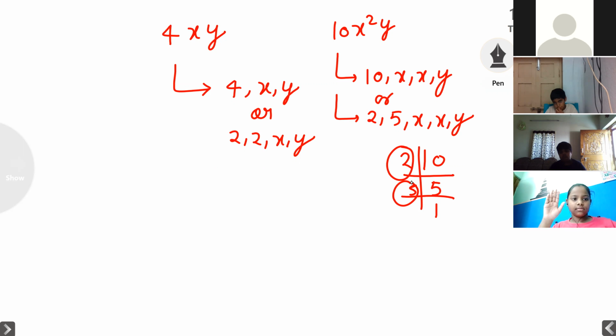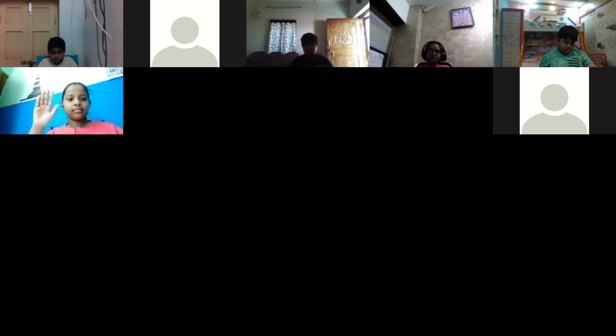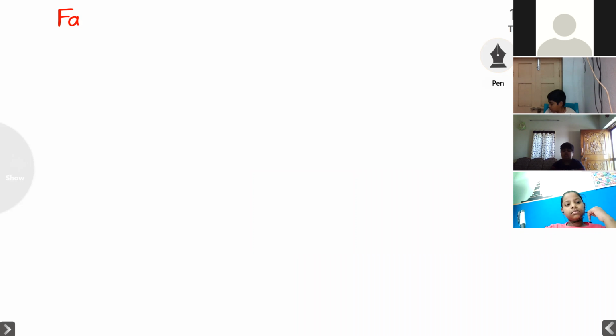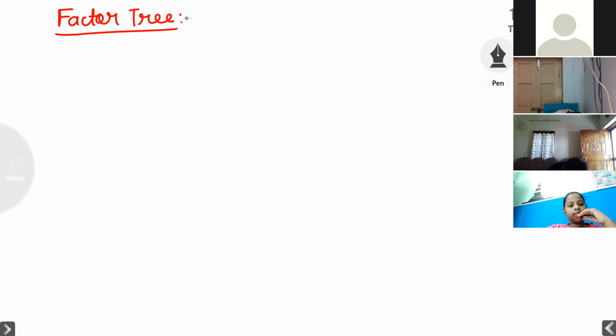Now we are going to learn the factor tree of algebra. Factor tree is also very easy.